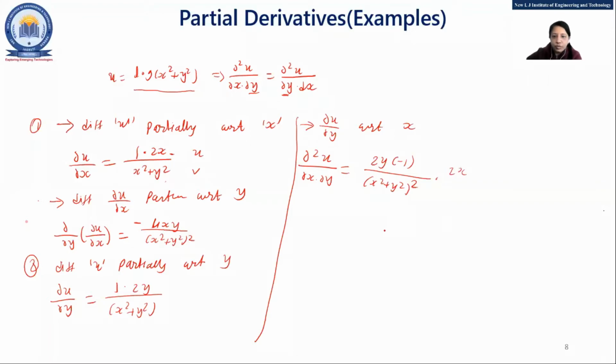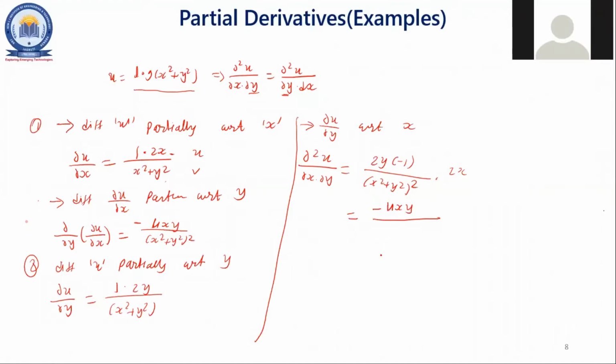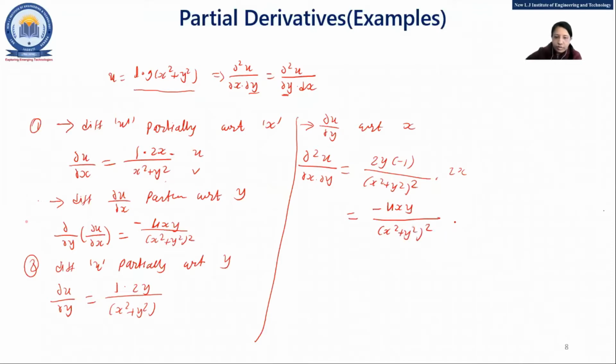Fine, right? So what is the answer for that? Minus 4xy upon x square plus y square, whole square. So del square u by del x into del y.